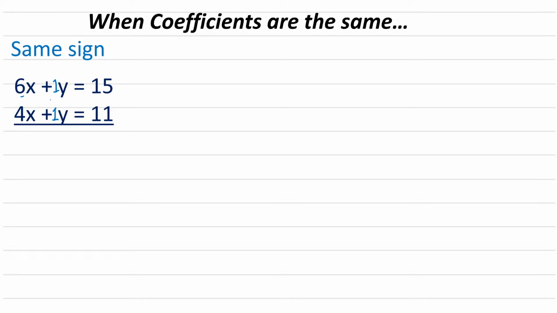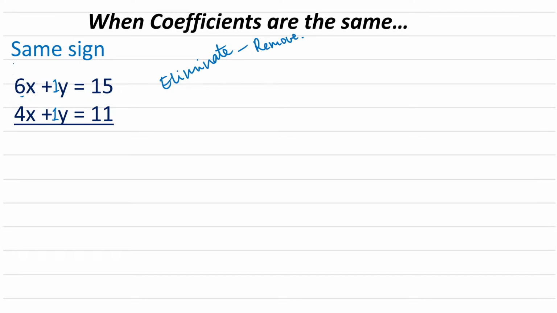What about the y's? Do they have the same coefficient? Yes, that one has a 1 and this one has a 1. So I can solve this one easily. And because they have the same coefficients, they are the ones that I'm going to eliminate. So remember, eliminate means I'm going to remove them, okay?